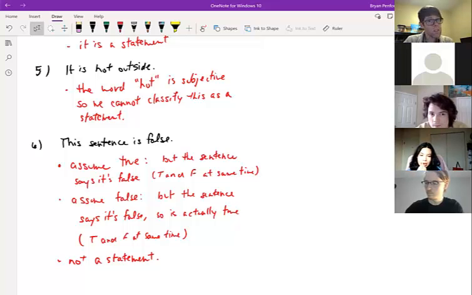So mostly for the purpose of our course, we're going to be trying to ignore sentences like 5 and 6, and focus our attention more on sentences that are very obviously true, sentences that are very obviously false, or maybe sentences that are sometimes true and sometimes false, and we need a little bit more information to figure out the truth value of that particular sentence. So hopefully that gives you a little bit of introduction to some of the building blocks we're going to be working with over the next week or so.